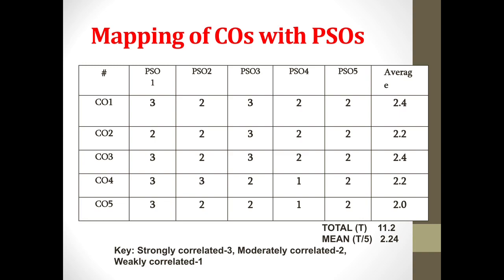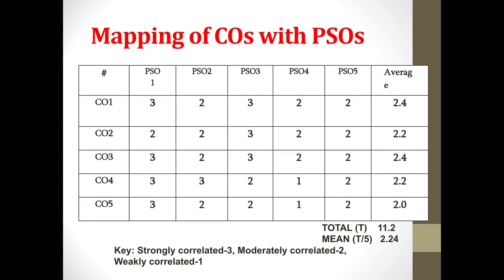If it is moderately correlated, you can mark it as 2. If it is weakly correlated, then you can mark it as 1. So you can fill this table by correlating your course outcome with program specific outcome.